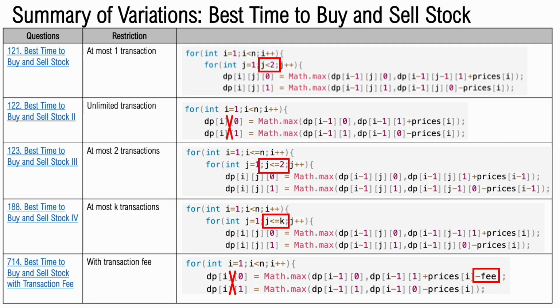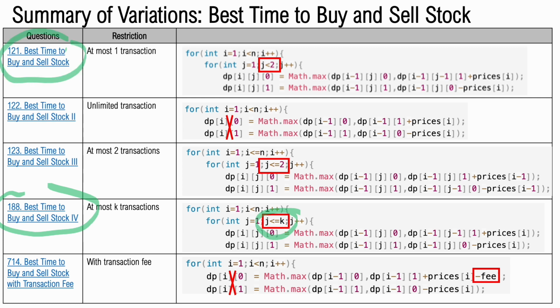So here's a summary of all the variations for the best time to buy and sell stocks. And we already talked about this number 4, which is the generic form with at most k transactions. As you can see, when you iterate through the transaction number, you have j smaller than or equal to k.